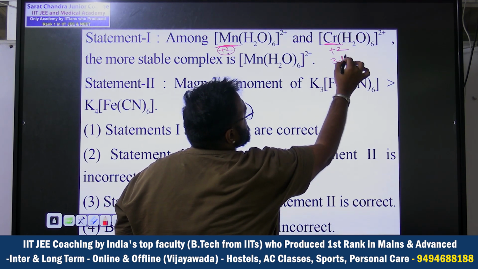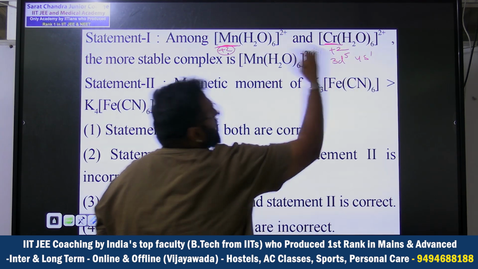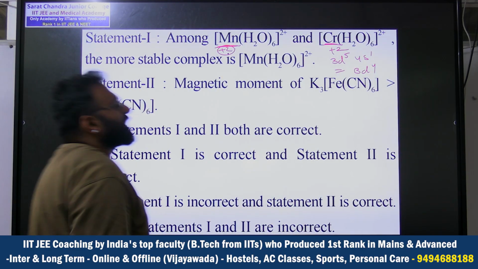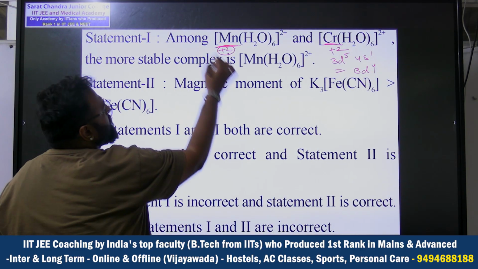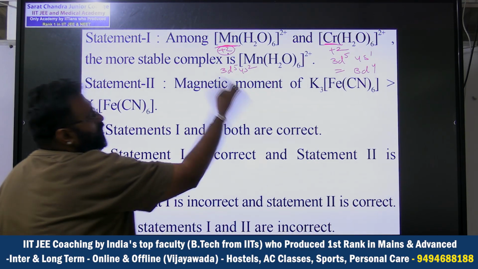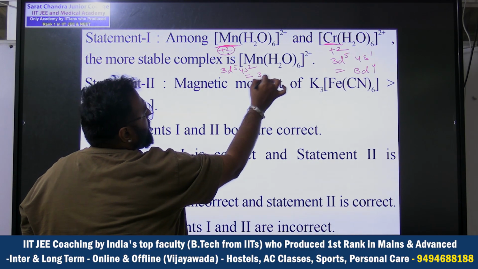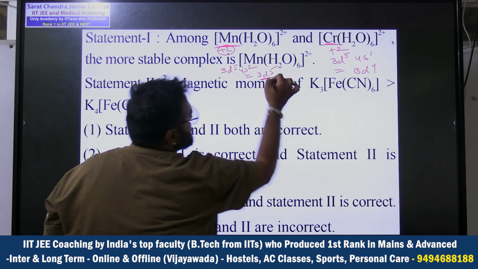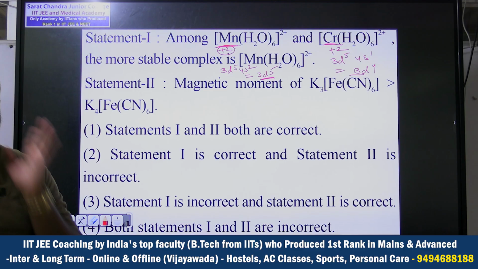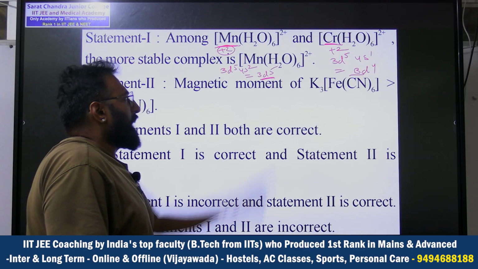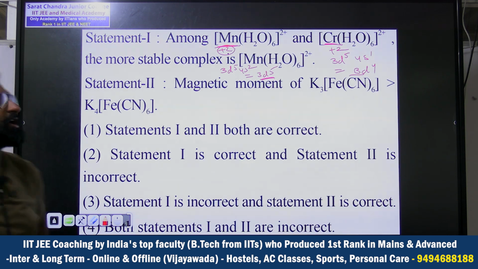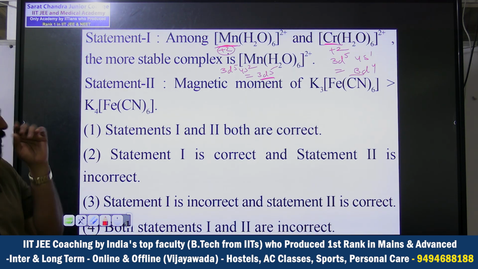Chromium is 3d5 4s1. By removing 2 electrons, it becomes 3d4. And manganese, the configuration will be 3d5 4s2. By removing 2 electrons, it becomes 3d5. So 3d5 is more stable as compared to 3d4. Statement 1 is true. Half filled is more stable.